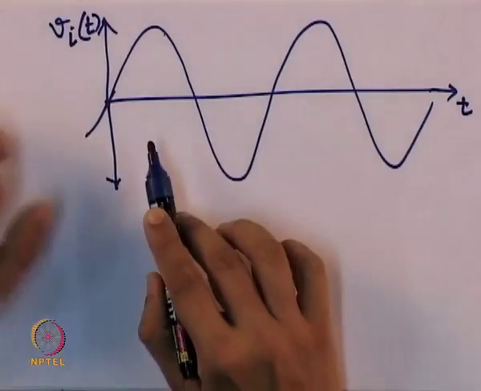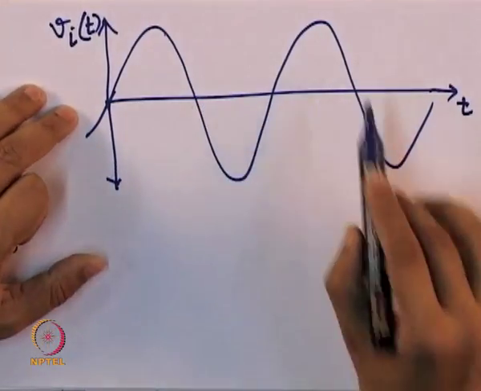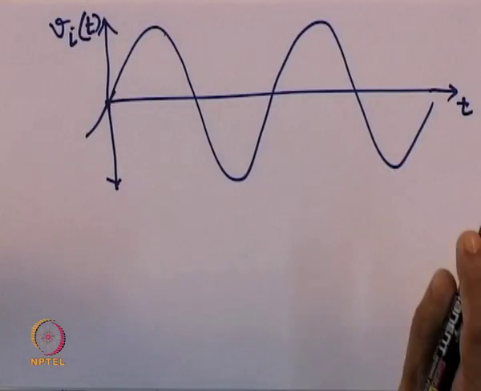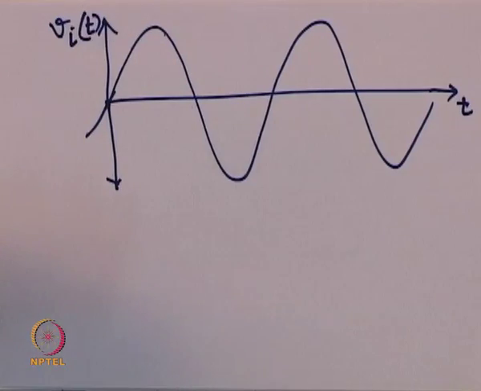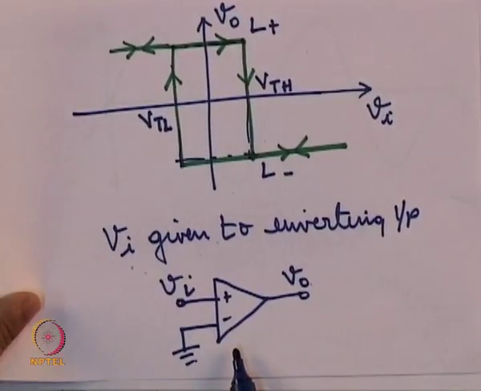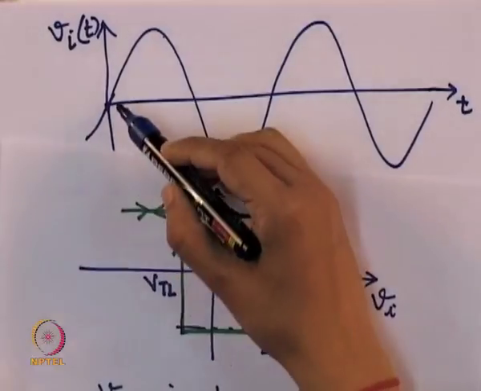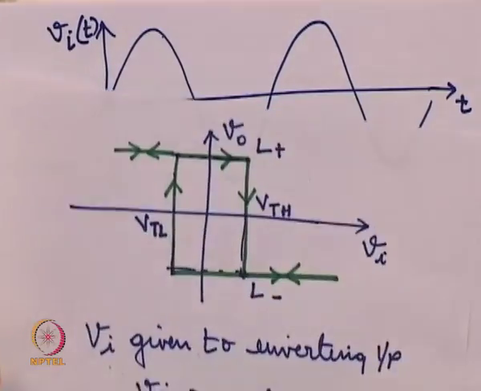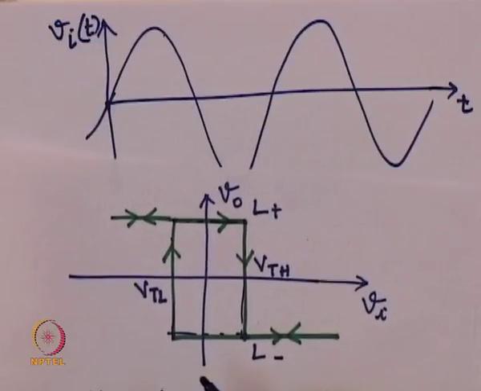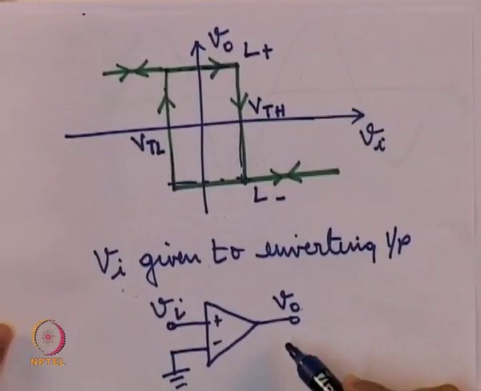If this is the input signal, this sinusoidal looking signal, then we really don't have a problem with the circuit that I just gave. Here, whenever my input is greater than 0, V0 will go to the upper saturation voltage, and when Vi is lesser than 0, V0 will go to the lower saturation voltage.